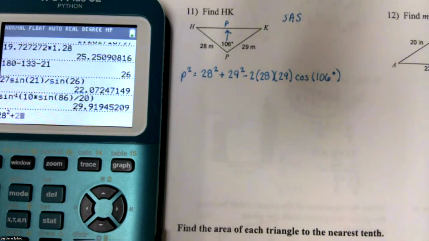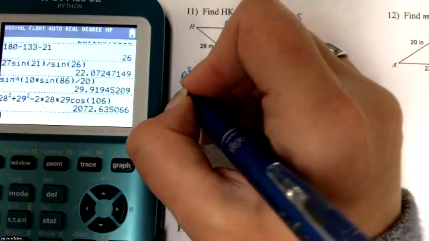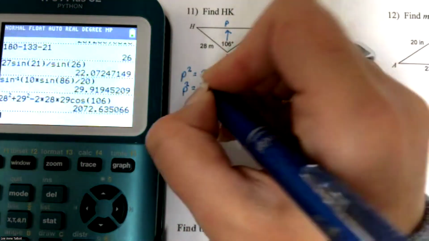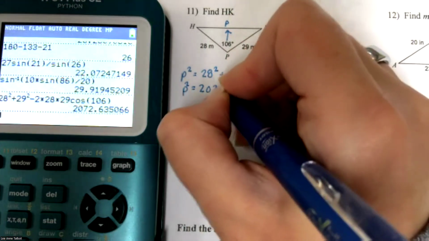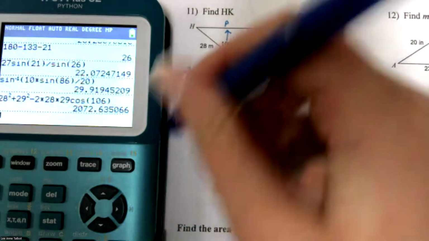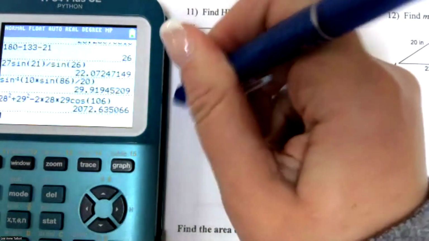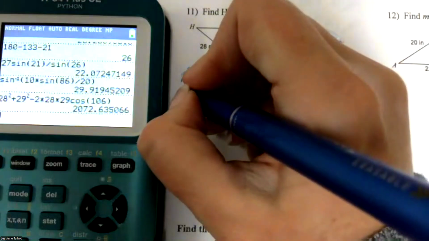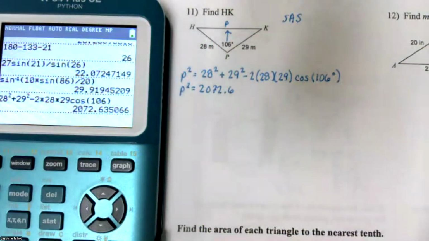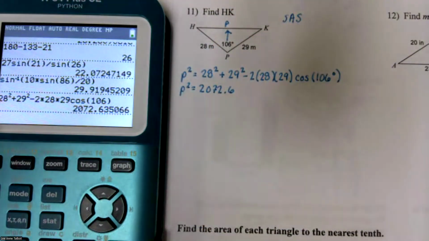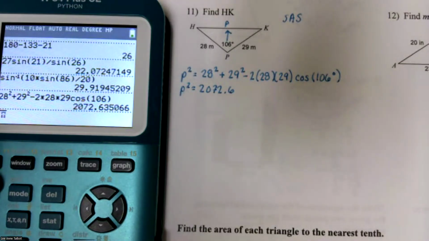So p squared equals 28 squared plus 29 squared minus 2 times 28 times 29 cosine 106. Okay, square root both sides.